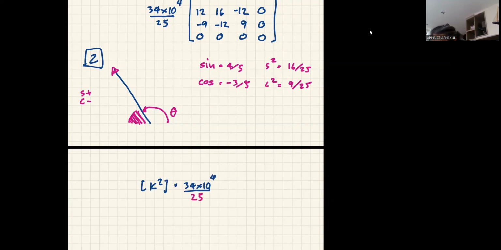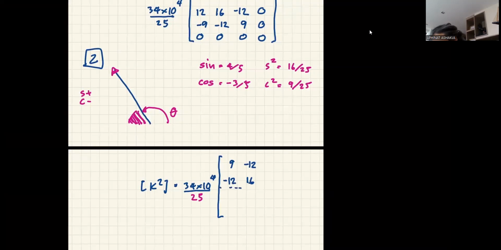I bring it out of the matrix, okay? Because I'm too lazy, right? So now cosine square is 9, but sine cosine is minus 12, correct? Because your sine is positive, but your cosine is negative.